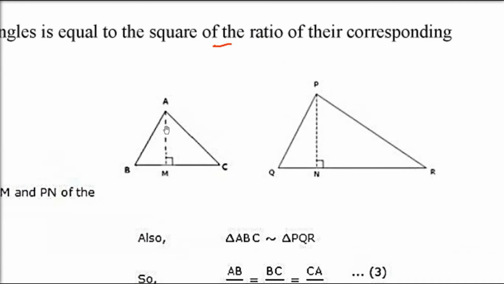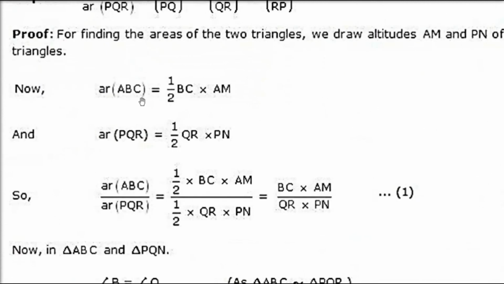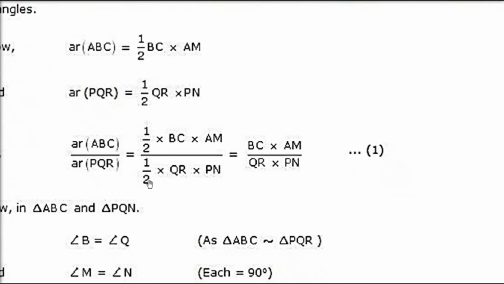Half into BC, BC is the base here, altitude is AM. Half into BC into AM. And here also, half into QR into PN. PN is the perpendicular we have drawn. So area of ABC will be half into BC into AM. Area of PQR is half into QR into PN. Now we divide them. When we divide them, the halves cancel, and we get BC by QR and AM by PN.